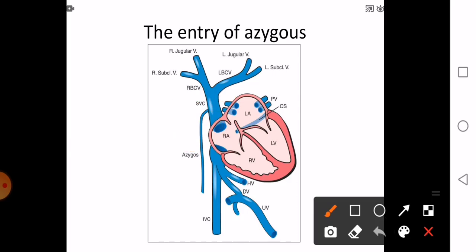The other scenario would be when the obstruction is below the joining of the azygous. In that case, we cannot have this trick. We have to get the blood down into the IVC, and from the IVC the blood has to be carried to the right atrium.